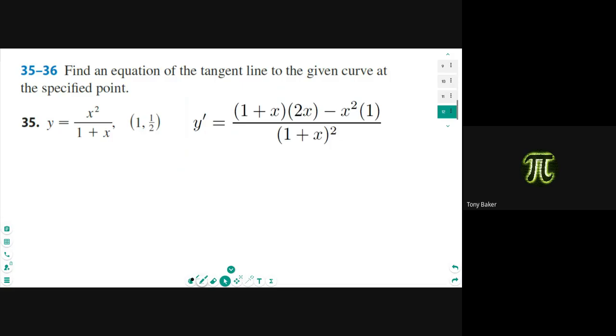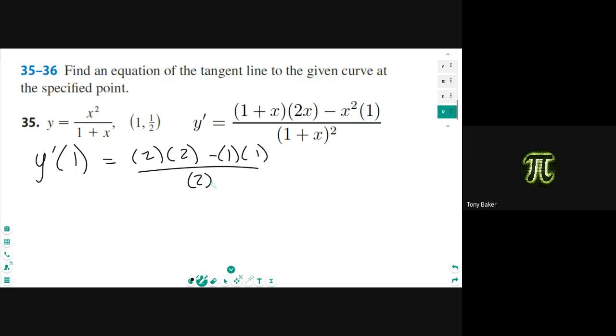Because we're looking for y prime of 1. So I could plug in the 1 just as easily here as if I did a whole bunch of extra steps to simplify it down. So do that here. So I have 2 times 2 minus 1 times 1 over 2 squared.